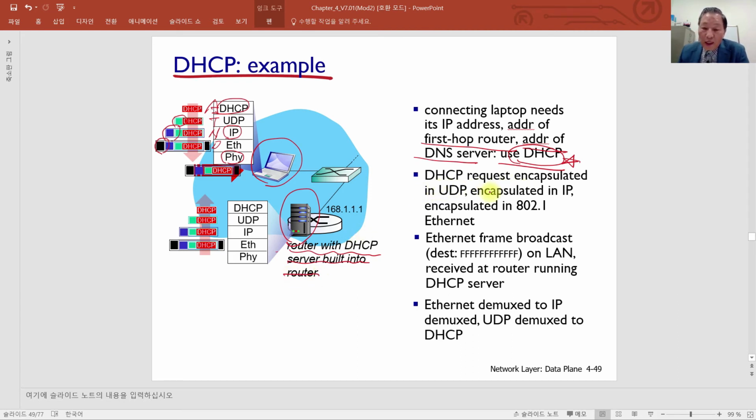The DHCP request is encapsulated in UDP, and DHCP uses UDP instead of TCP.